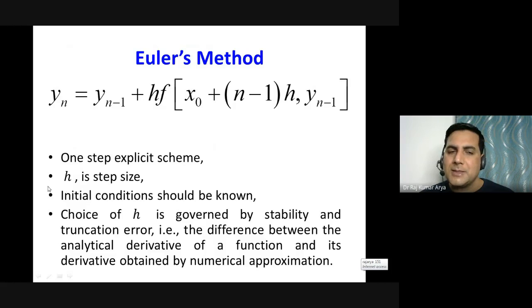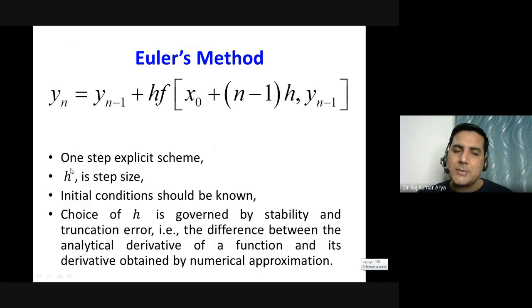Now what about the step size? The step size is practically in our hands. As you go to a larger step size, you are bound to get more error, because this is just an approximation from the Taylor series. You have neglected the higher order terms, considering that h is small.